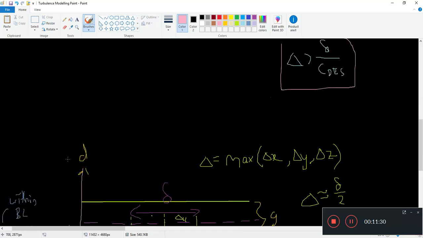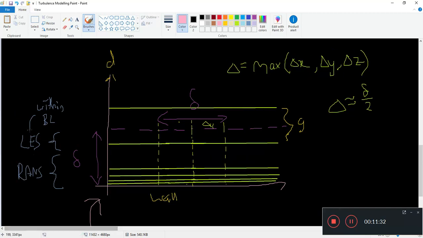Okay, why is that happening? Maybe this LES activates within the boundary layer where the viscous forces are stronger than in the free shear region, and you don't have enough of those eddies that are supposed to represent turbulence.